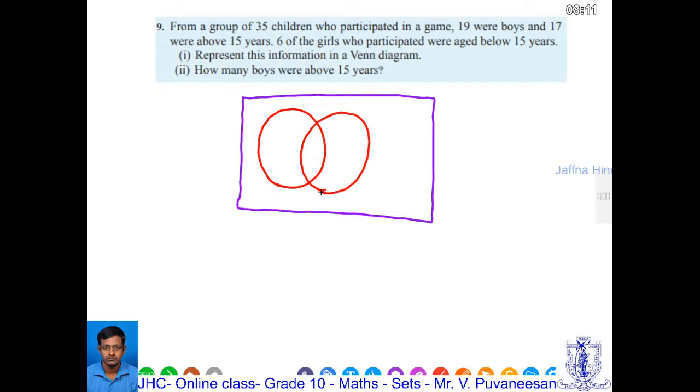Okay, this is the universal set. Name this set as boys, and this as children who are above 15 years.